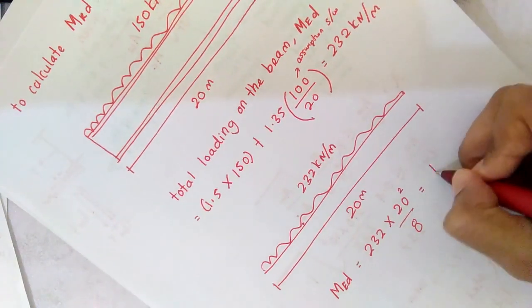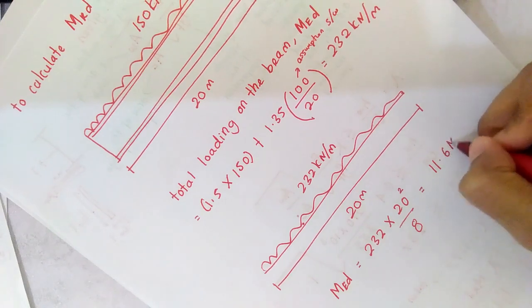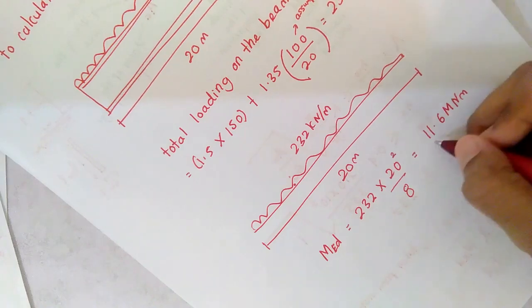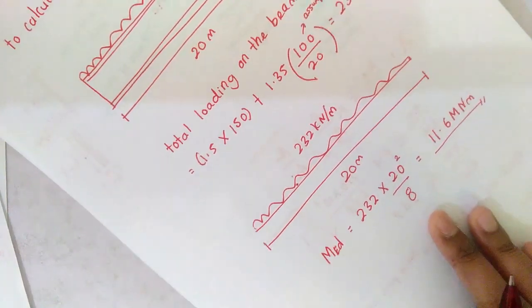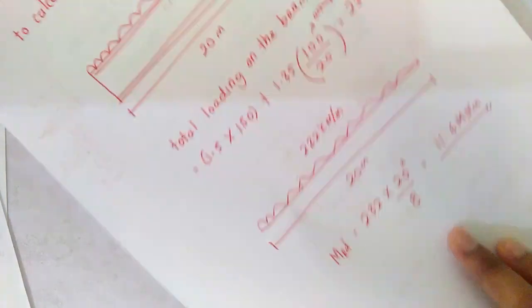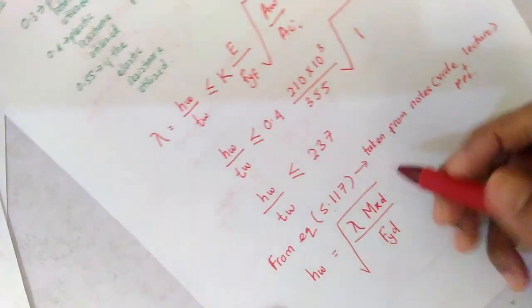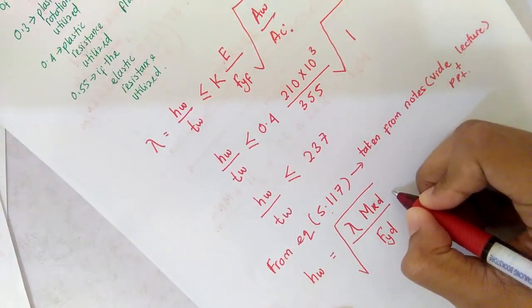Finally, you will get 11.6 meganewton meter. So now your MED is 11.6 meganewton meter.